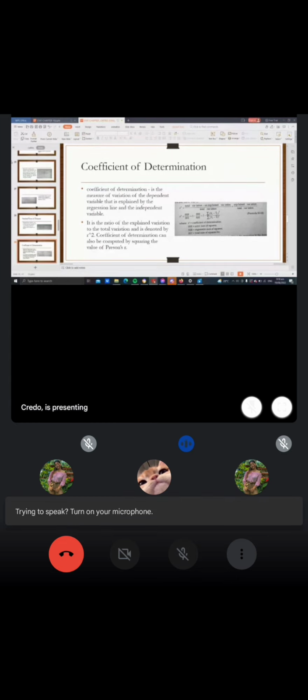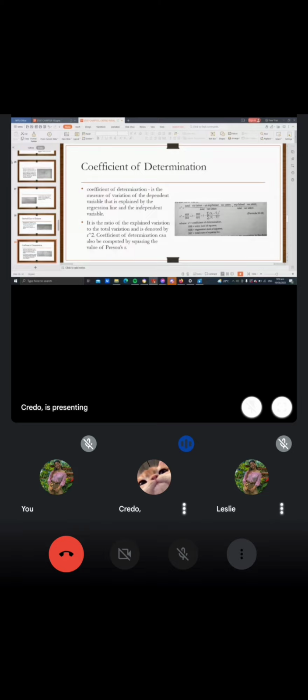So formula 10-10 is the formula for the coefficient of determination, where r squared is equal to the total variation minus unexplained variation divided by total variation, and equal to explained variation over total variation.